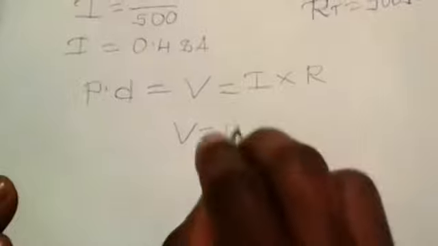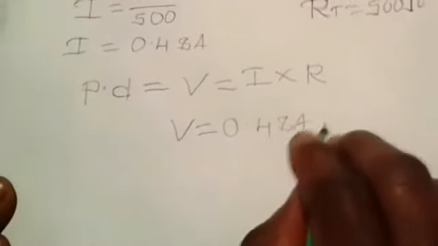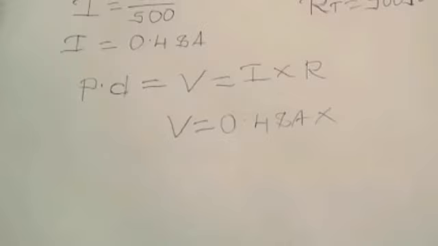So I'm going to say 0.48 amps times what is our resistance? Since they are saying calculate the potential difference across lamp S, we are only focusing on lamp S. So on lamp S, it's saying 200 ohms.